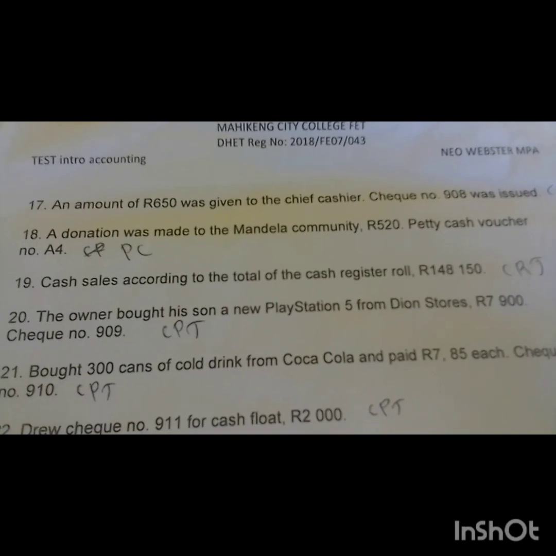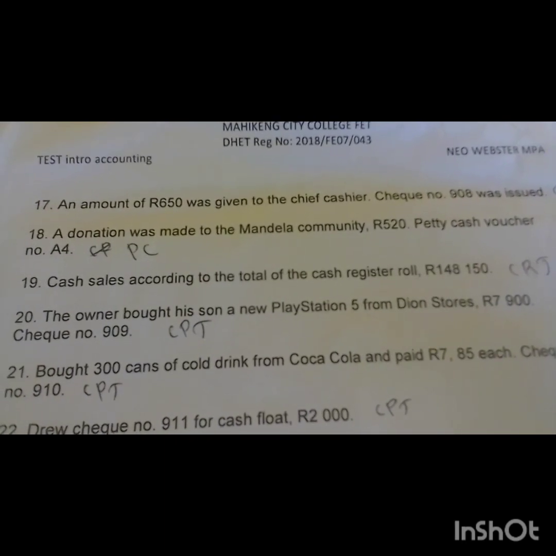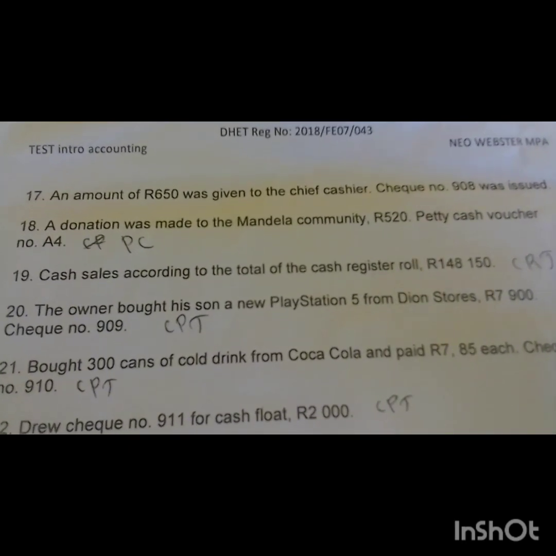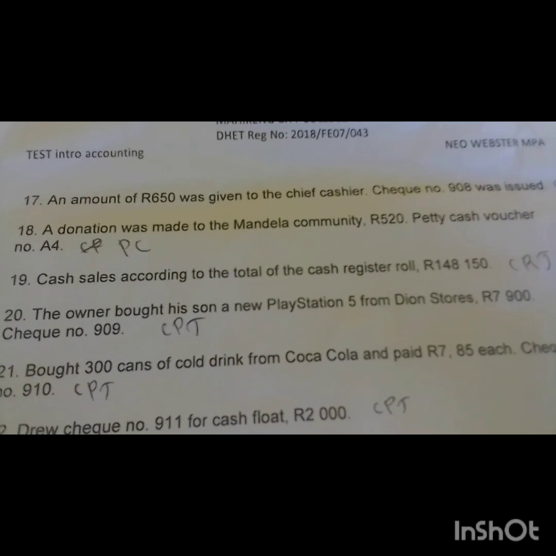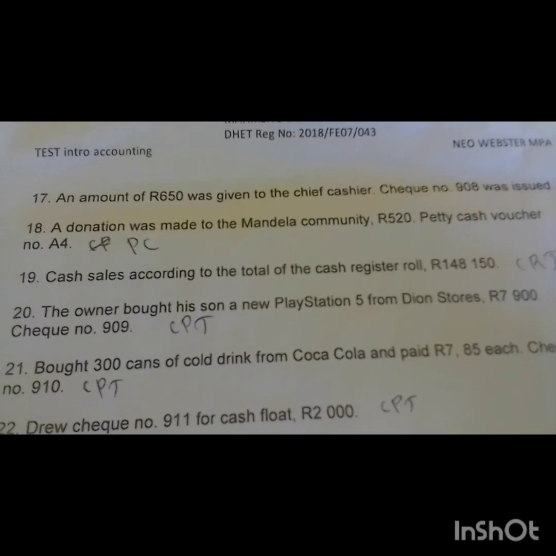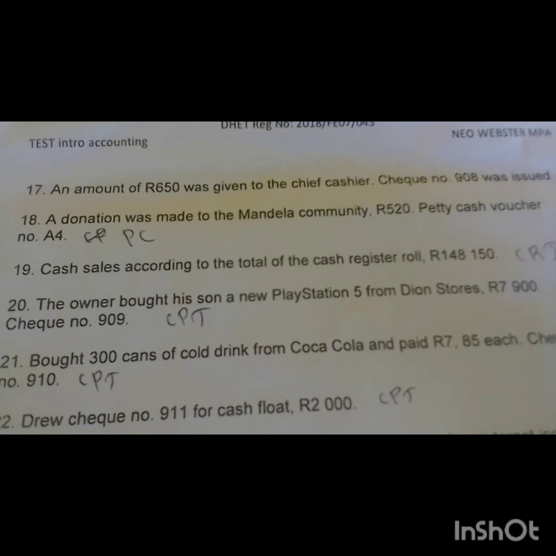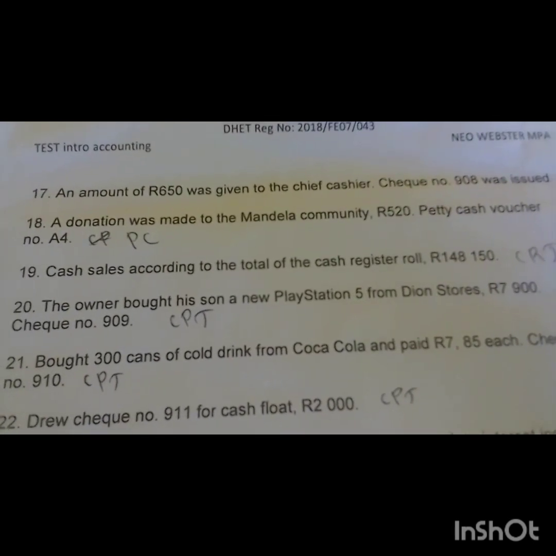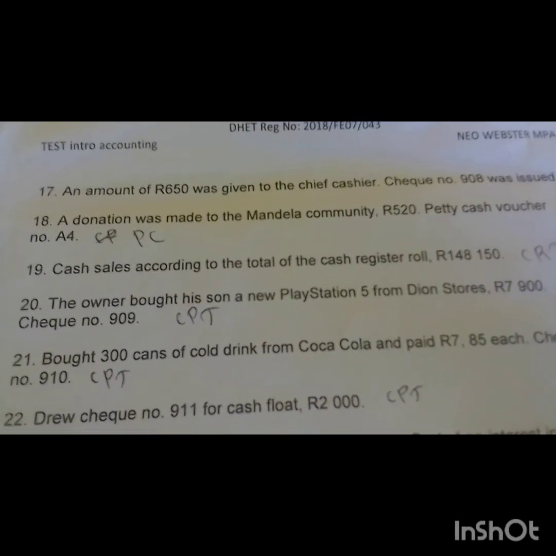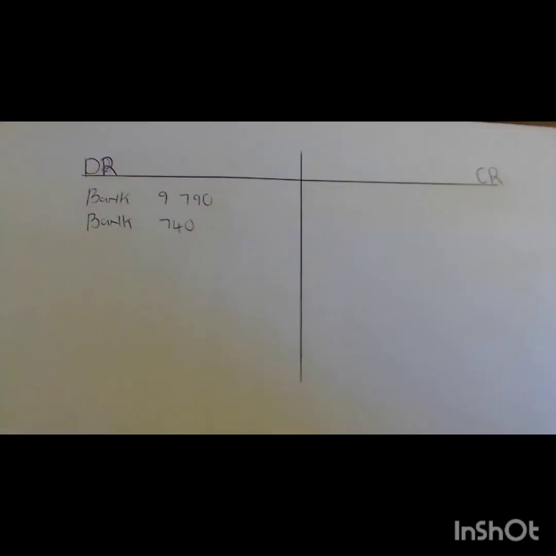So as I said, sometimes they want you to identify if it's petty cash or not. It can be tricky, so try to understand that sometimes you have to identify if it's petty cash. So the amount is 650. We go to the general ledger on the debit side again. Same thing you've been doing, bank, 650.